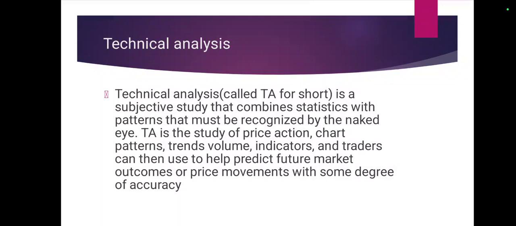So with previous information from the chart, you can determine with some degree of accuracy where the market is heading next. TA gives you that information. So you use chart patterns, trends, volumes, indicators, and other things to determine what will happen in the market.